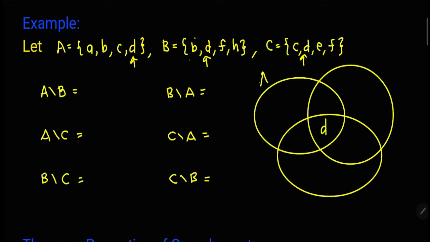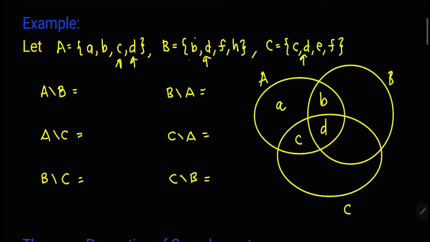So let's say this is A, this is B, and this is C. Now the intersection of A and B is B and D. So I already have D here, so I only need to write B here. And the other elements of A are A and C. So I write A here, but C is common with C, so I'm writing C here.